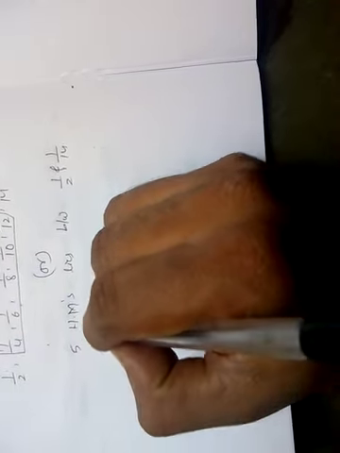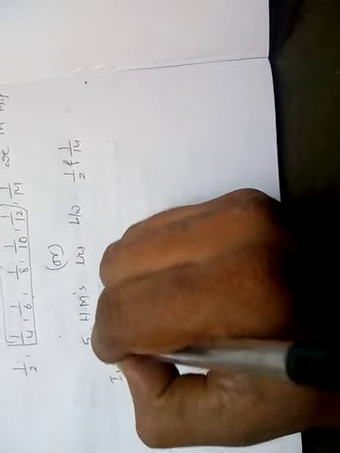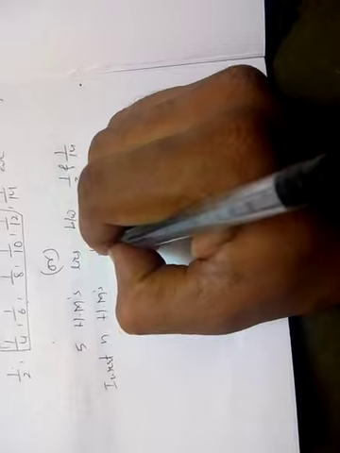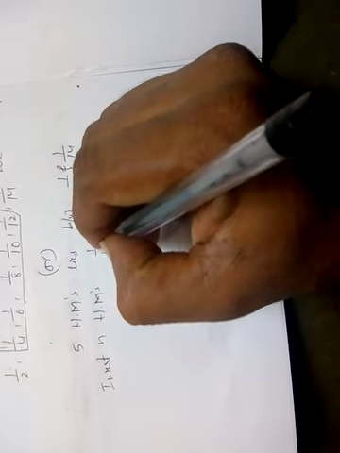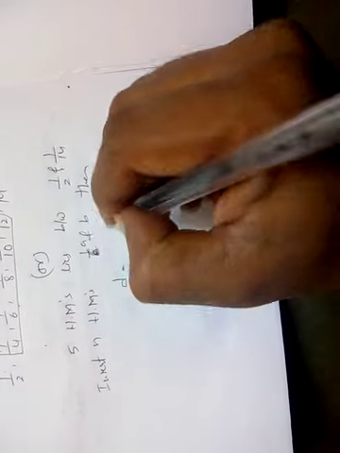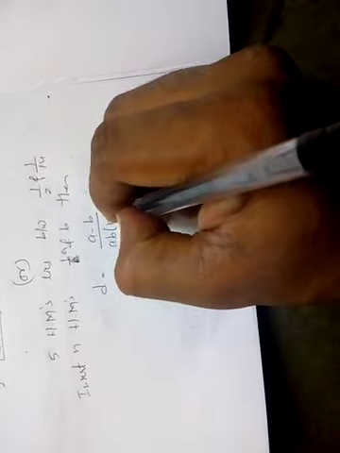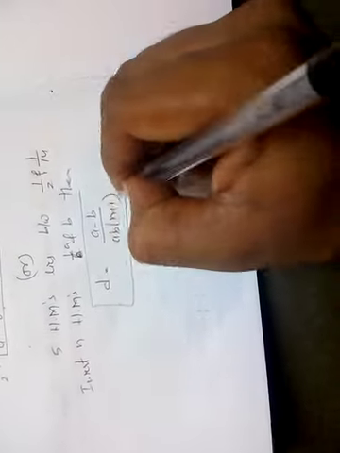Insert N harmonic means between 1/A and 1/B. Then D is equal to (A minus B) by AB into (N plus 1). This is the common difference formula.